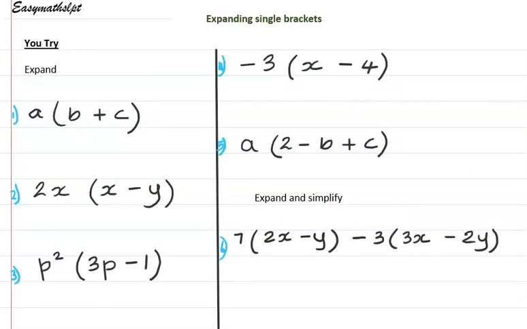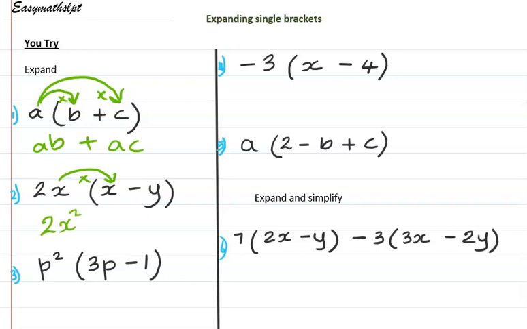Welcome back. So in the first one, a times b is ab, and a times c is ac. In the next question, 2x multiplied by x is 2x squared, and 2x multiplied by negative y is negative 2xy, and that is simplified.